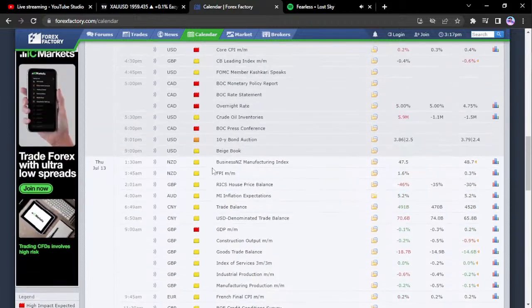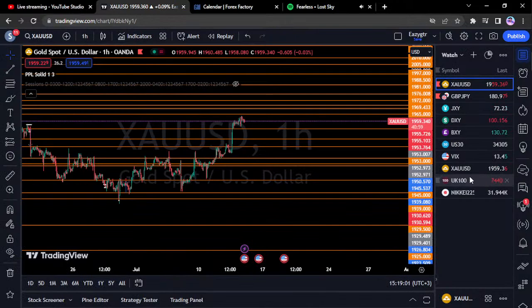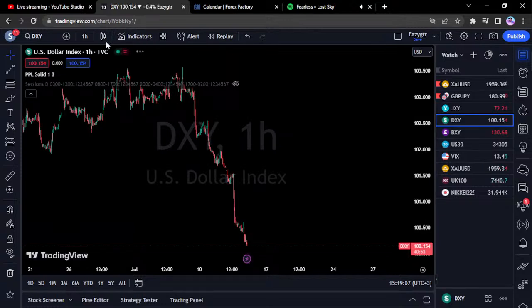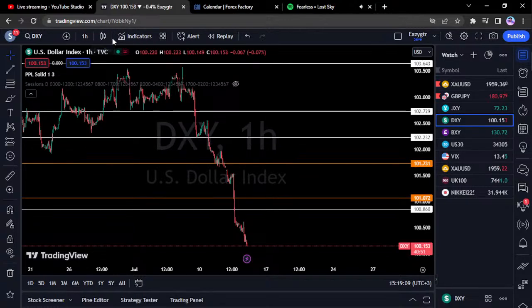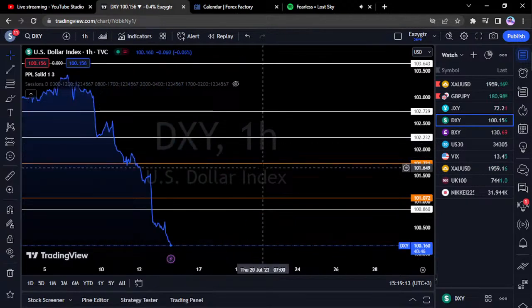The CPI data we had yesterday was lower than expected, but back to baseline levels. So the markets are pricing in future rate cuts, which led to an outflow in the US dollar. Before I was interrupted yesterday, we were analyzing the dollar index. Let us quickly switch this to a clear chart.